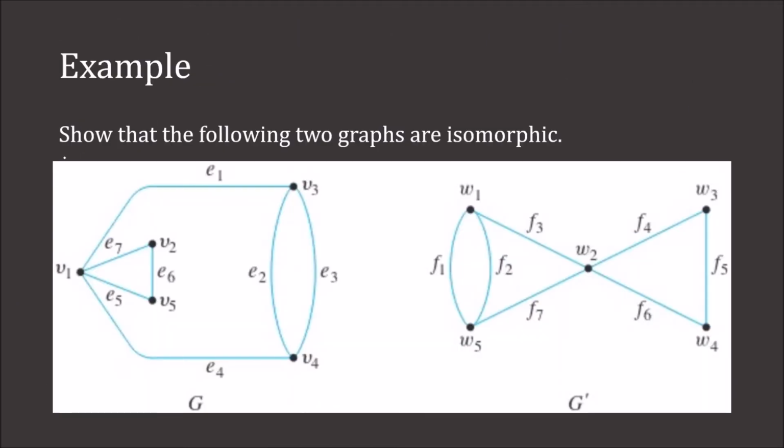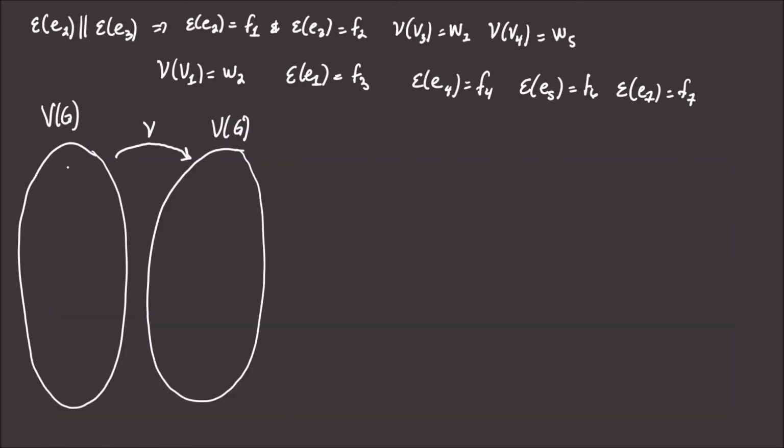We have how many vertices? 1, 2, 3, 4, looks like 5 total vertices on either side.